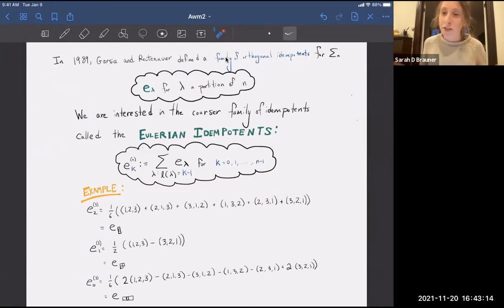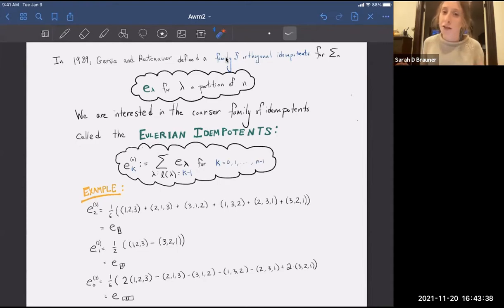One natural question is whether there is a family of idempotents that decomposes this algebra. Garsia and Reutenauer in 1989 produced such a family. I'm going to write them like E lambda, and they're indexed by partitions of n. These form a complete orthogonal primitive family of idempotents of this algebra.